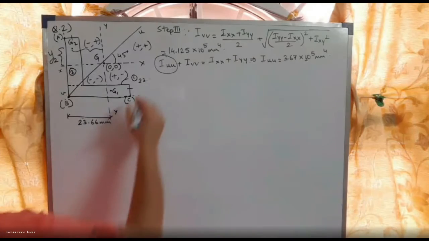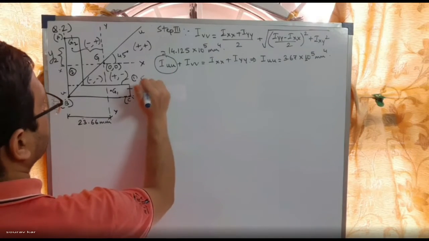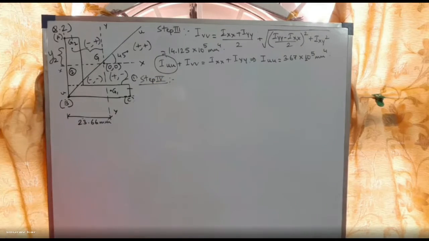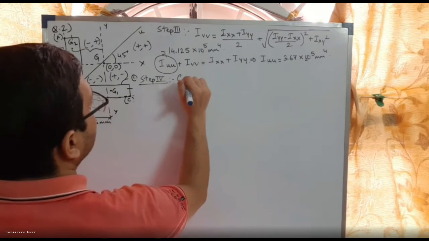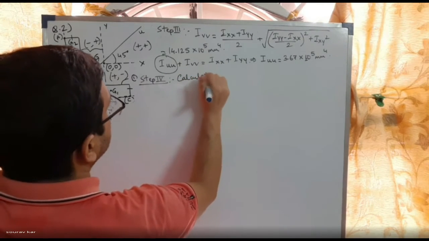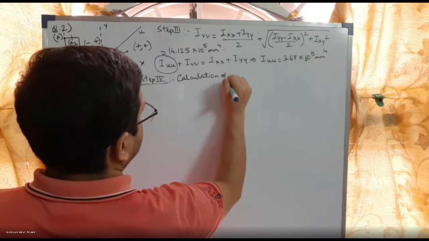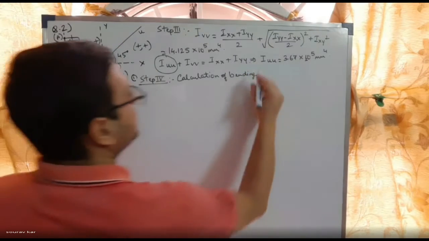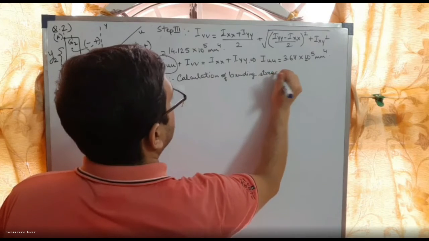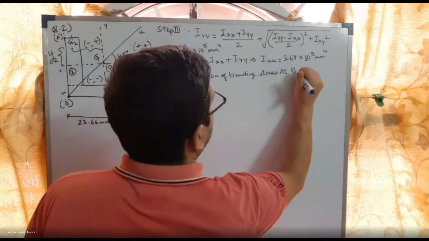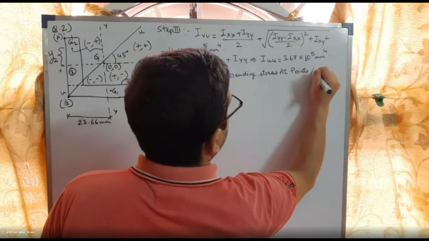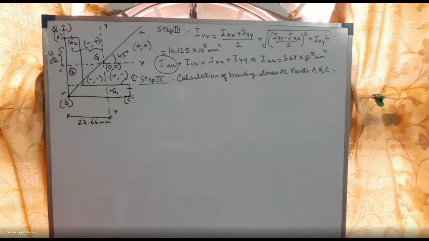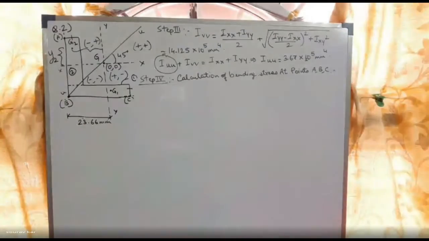So step 4 will be calculation of bending stress at points A, B, C. As given in the question, we have to find out the bending stresses at points A, B, C.